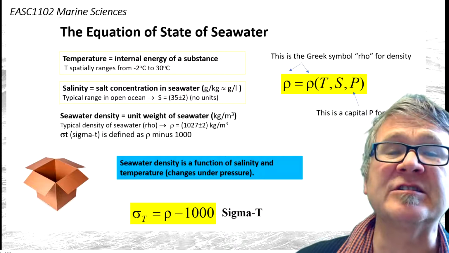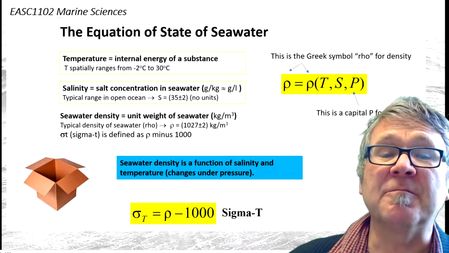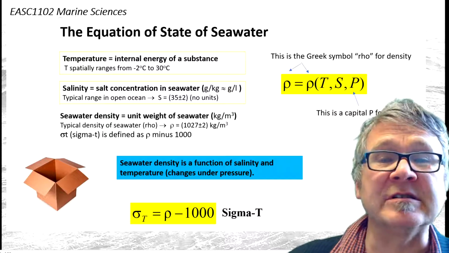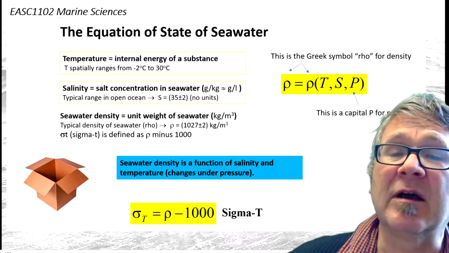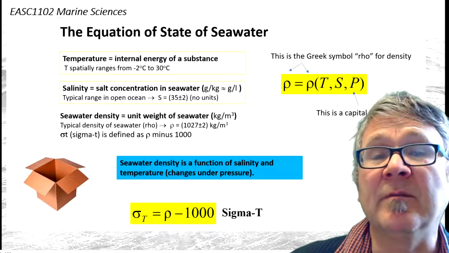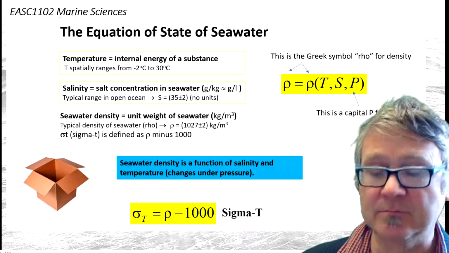And the pressure actually has an effect on the temperature. If you increase the pressure, then the internal heat increases, the temperature increases, and that brings pressure into play. And it's always denoted by the symbol capital P.